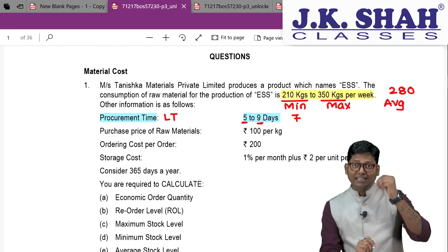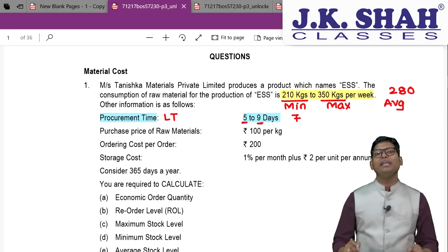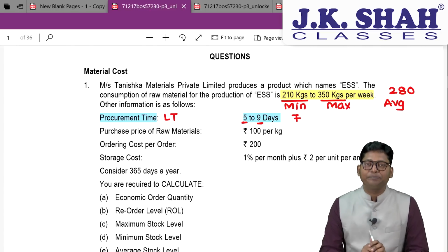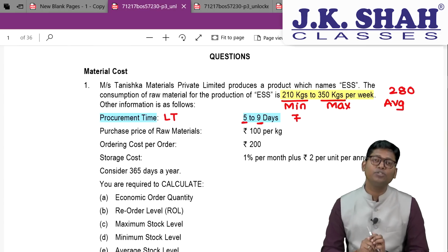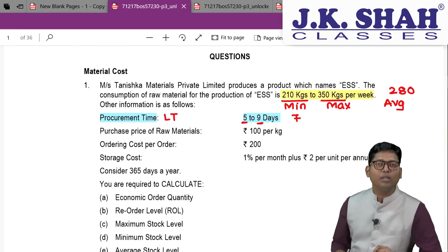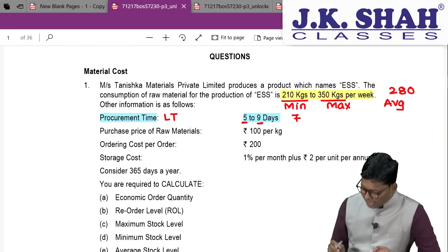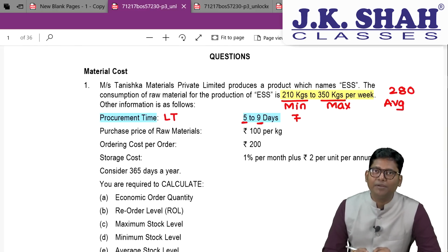But if you check the given consumption and the given lead time, they are not at parallel level. Your consumption is given on weekly basis and procurement time is given on daily basis. So you can do one thing: the given weekly consumption, you can convert into per day basis. Now, how to convert weekly consumption on per day basis? Weekly consumption is to be divided by 7 days a week to get the daily consumption.